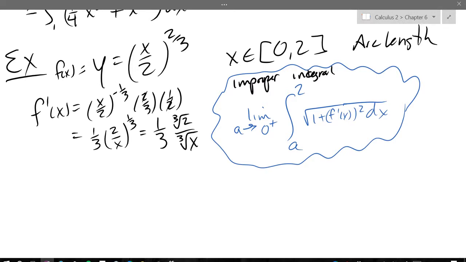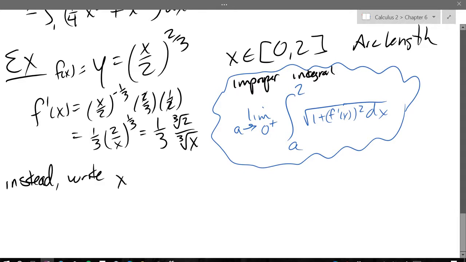You've got to do your integral first and then apply the limit at the end. We will be doing this pretty soon, but not right now. So instead we're going to write x as, I don't want to use f, but I'll use g, x as a function of y. So I just need to solve for x.